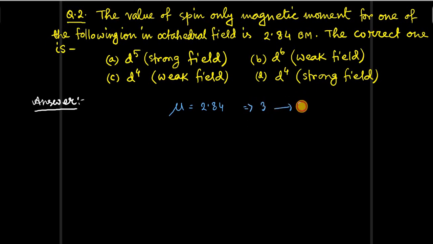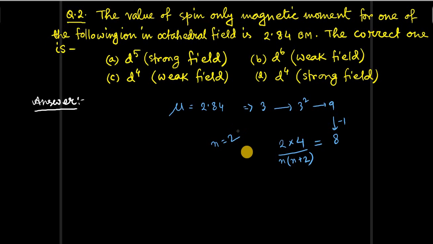Then square it, 3 square, you will get 9. Then subtract 1, you will get 8. And 8 can be written as 2 into 4. This is your n into n plus 2. So clearly here n is 2.